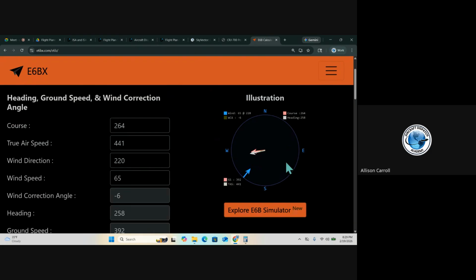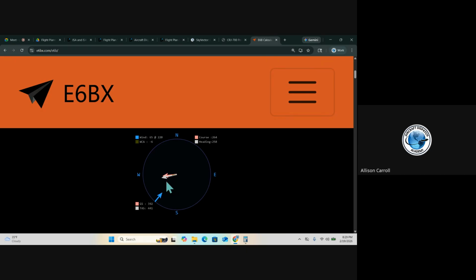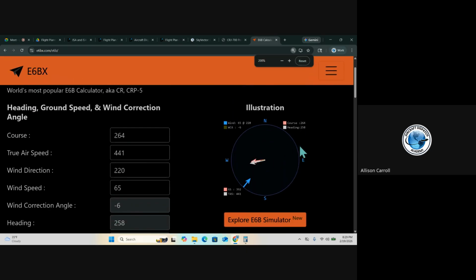And again, it shows you, dang it, it doesn't do the illustration bigger. When you actually look at this on the website, it shows you the different arrows for your specific course. And it's saying, okay, you are going on this course right here, but you have winds coming from this direction.